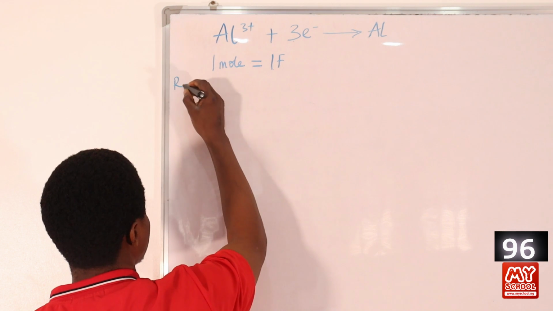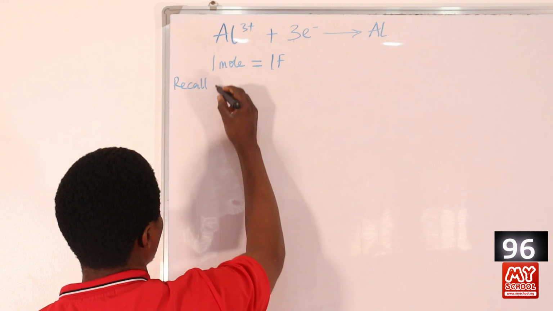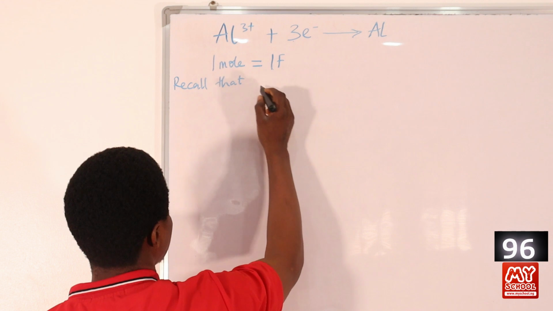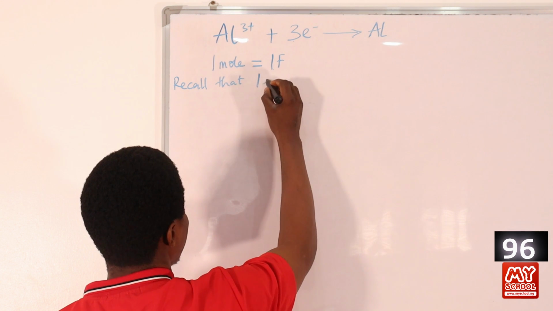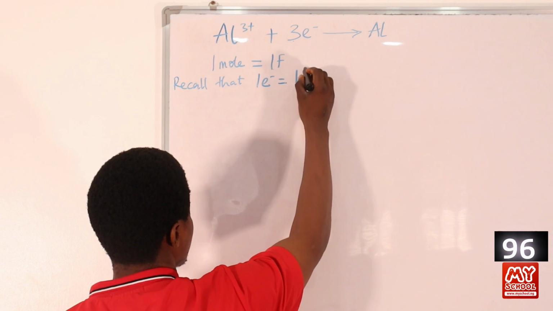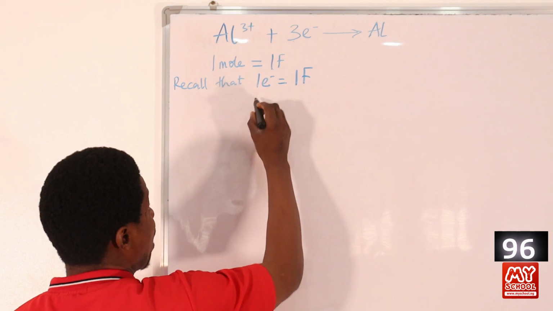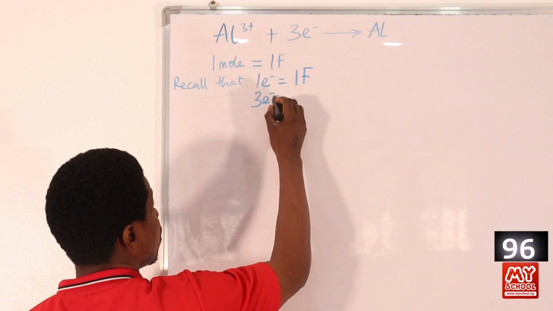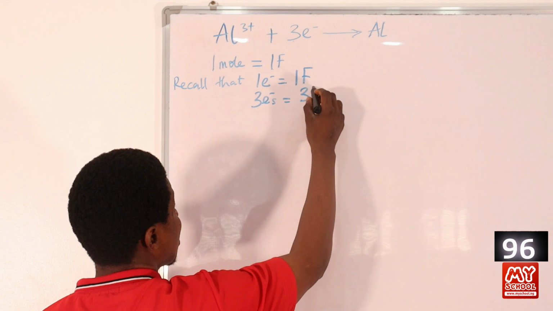Also recall that 1 electron is equal to 1 Faraday. So that means 3 electrons will be equal to 3 Faraday.